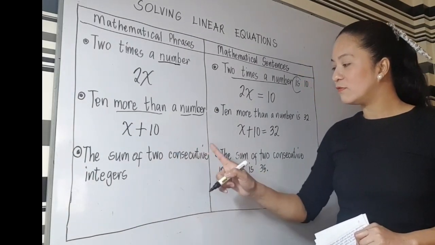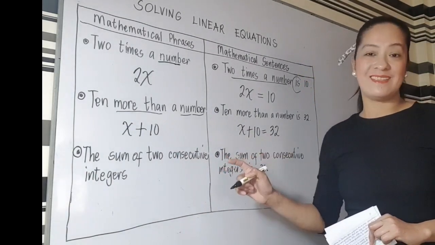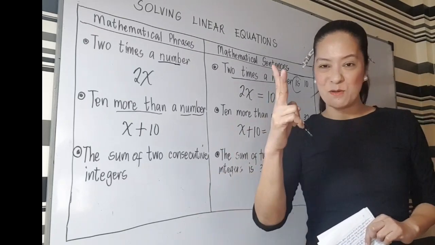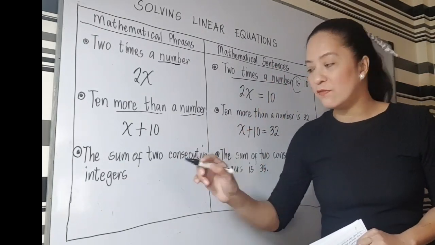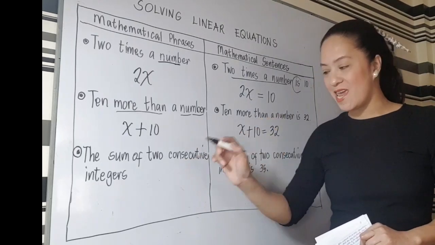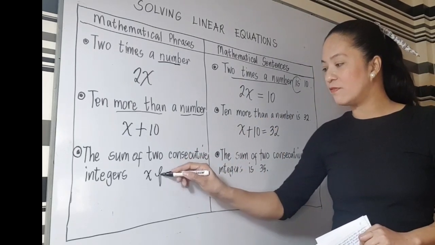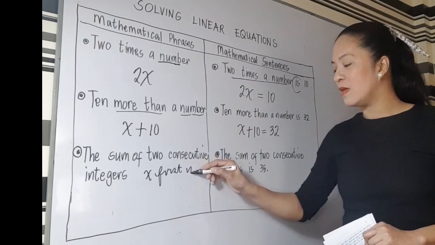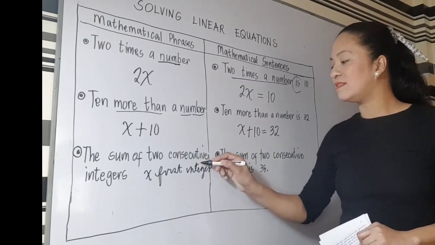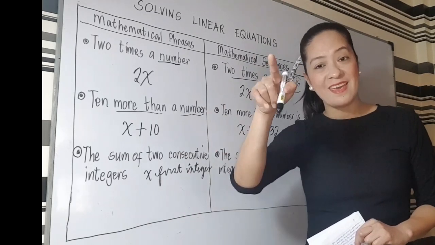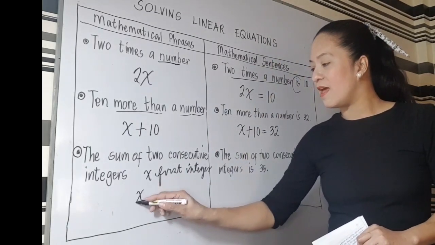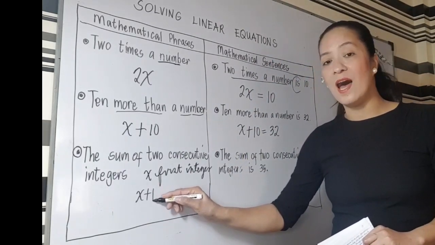Then the third example. The sum of 2 consecutive integers. If we represent the first integer as x, how do we represent the second integer? It should be x plus 1.